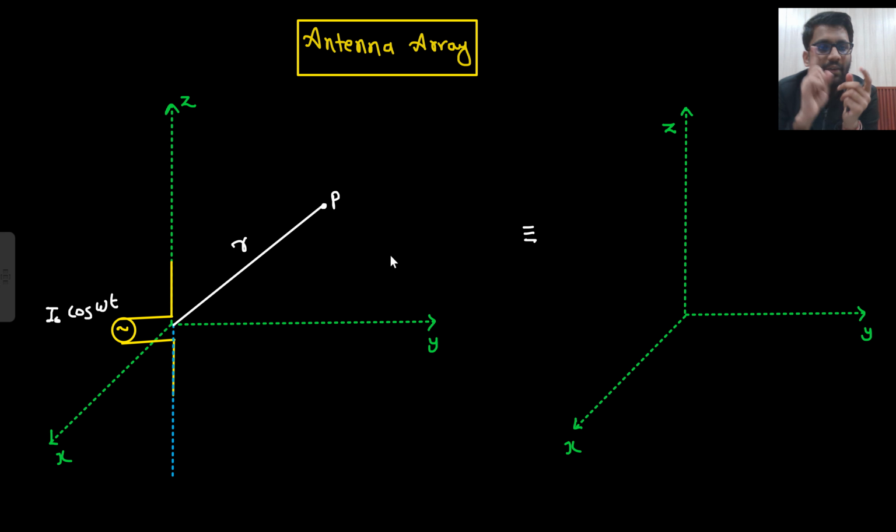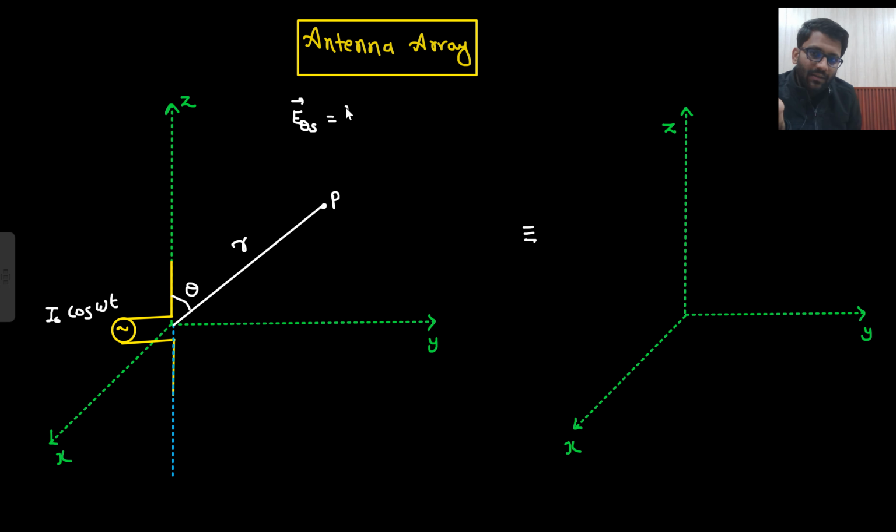So till now we were taking only one antenna in action. Only one antenna was there. At this point P, what will be the electric field? That would have the theta component. And how did we write down that electric field? We used to say that between the axis of the antenna and a_r cap, the angle is theta. Let's say this is a Hertzian dipole antenna. So what will be the electric field?